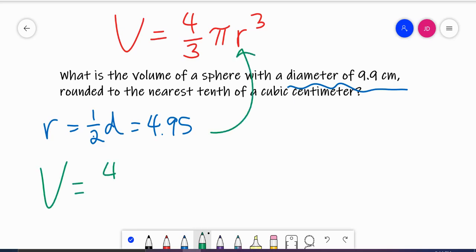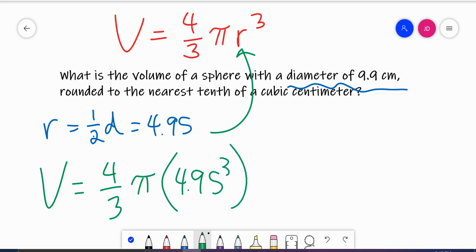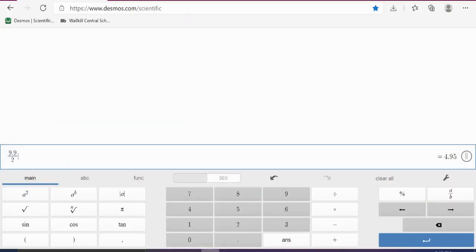So we have 4/3 pi r cubed. So it's 4.95 cubed. And what's that going to be about? Because we have to round it to the nearest tenth. So 4/3 pi 4.95.